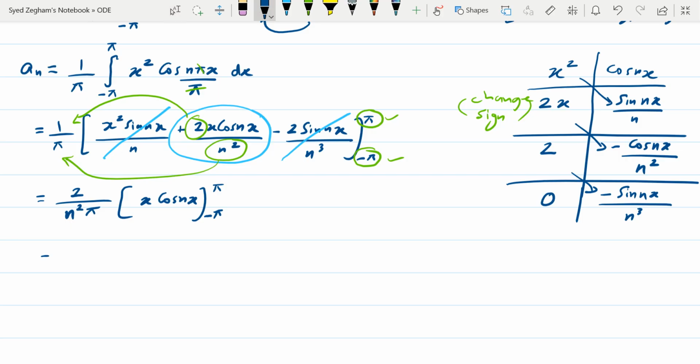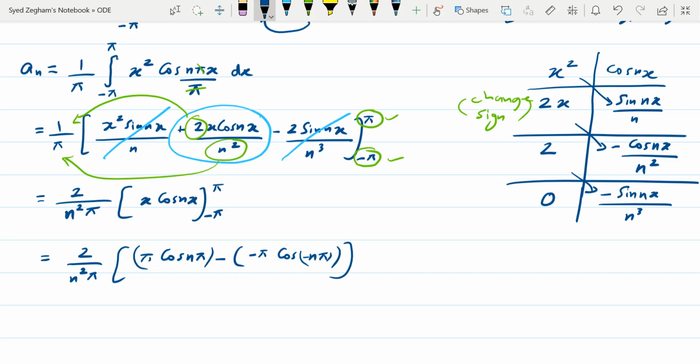and this will give me 2 by n square pi. First we will put x equal to pi, so that gives us pi cosine n pi. Okay, minus, now I will put x equal to minus pi, so this becomes minus pi cosine n times minus pi, so that will be minus n pi, right?